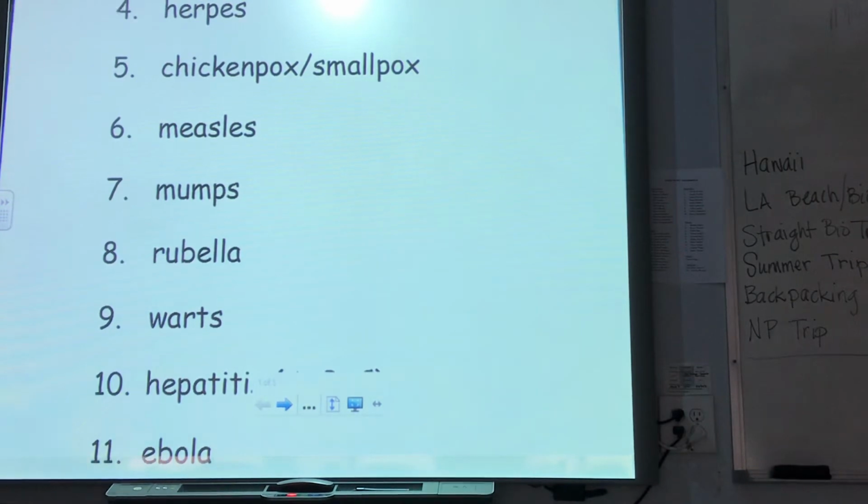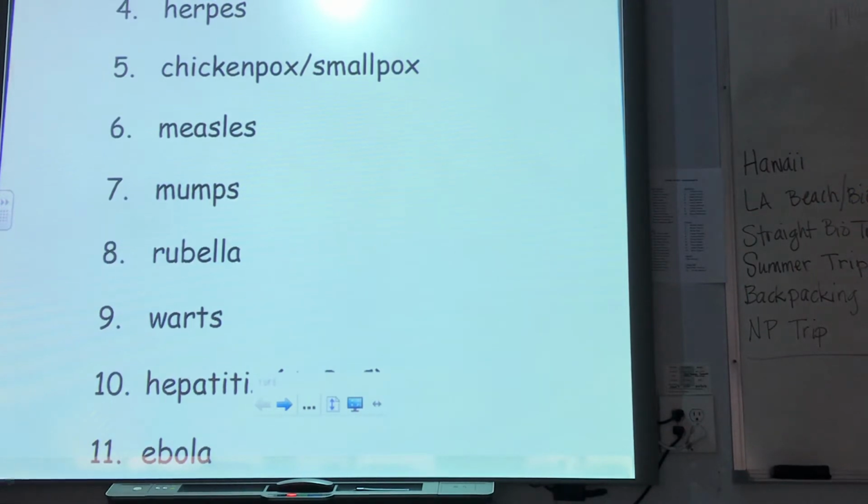Herpes simplex virus is the one that causes the sexually transmitted disease, the sores on your genitalia. It's also the same one that causes cold sores on your lips and around your mouth. So that's herpes simplex. The herpes zoster virus is the one that causes chickenpox.